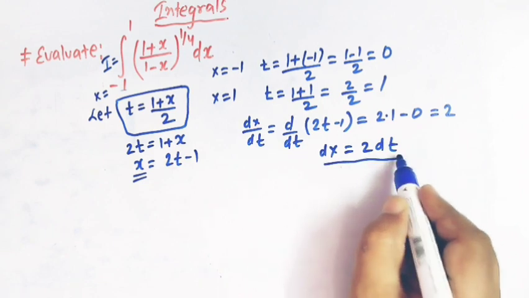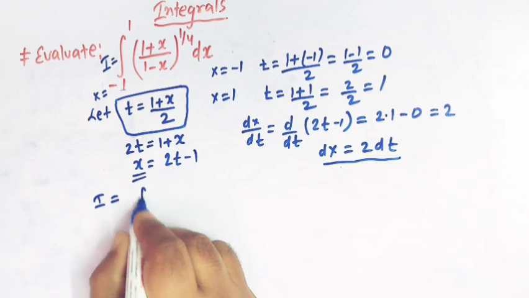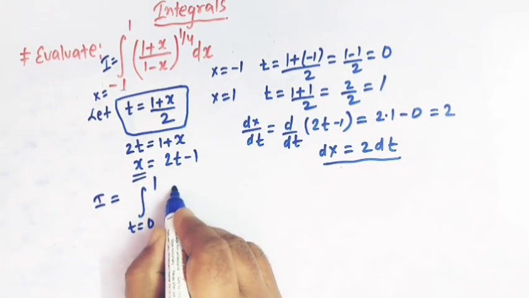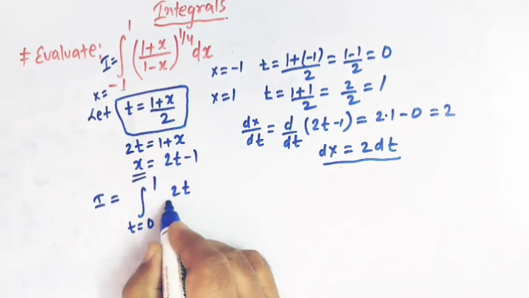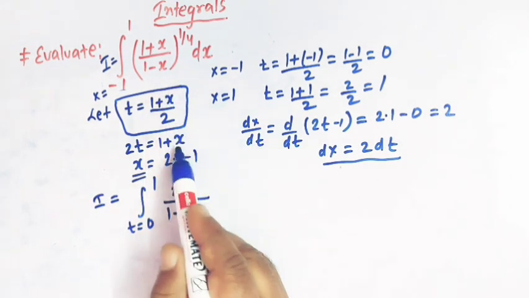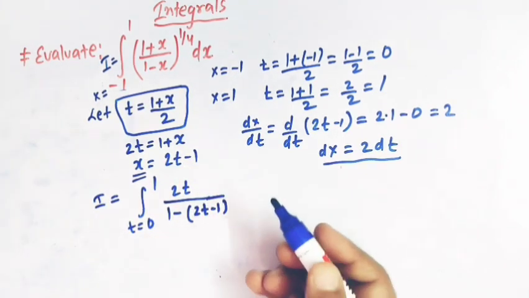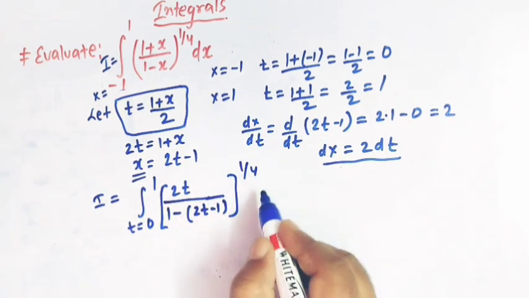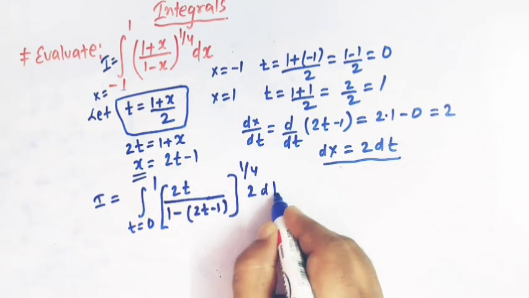Now we can rewrite this integral I as t from 0 to 1, and here we have 2t, because 1 plus x is equal to 2t, divided by 1 minus x, where x can be written as 2t minus 1. Here we have the power 1 over 4, and dx is equal to 2 dt.